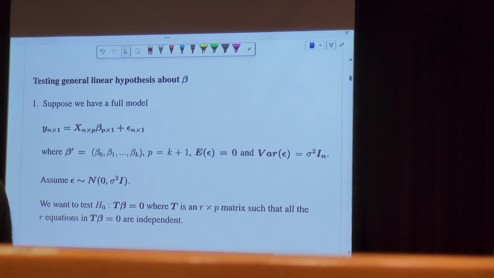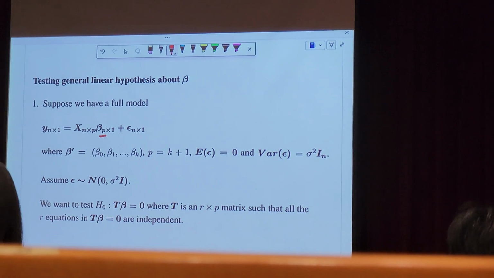So let's have the usual setup. Number one, suppose we have a full model. You can see that the number of parameters is P. P includes the intercept term, beta naught. So beta naught, beta 1 up to beta k, and P is k plus 1.